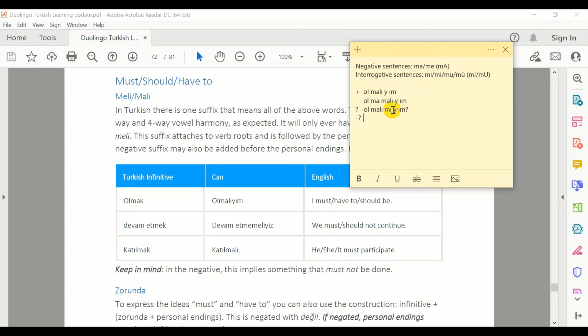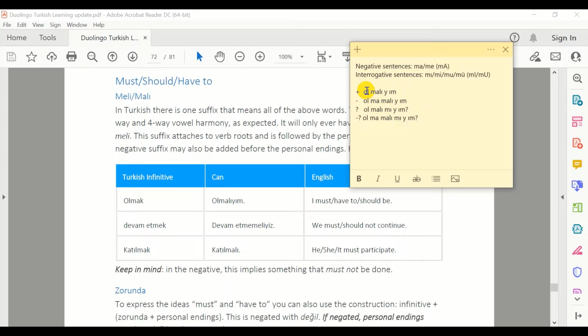See, mamalı. Now the question suffix mı. Now the personal suffix, and here the buffer letter, what? See, as simple as that.